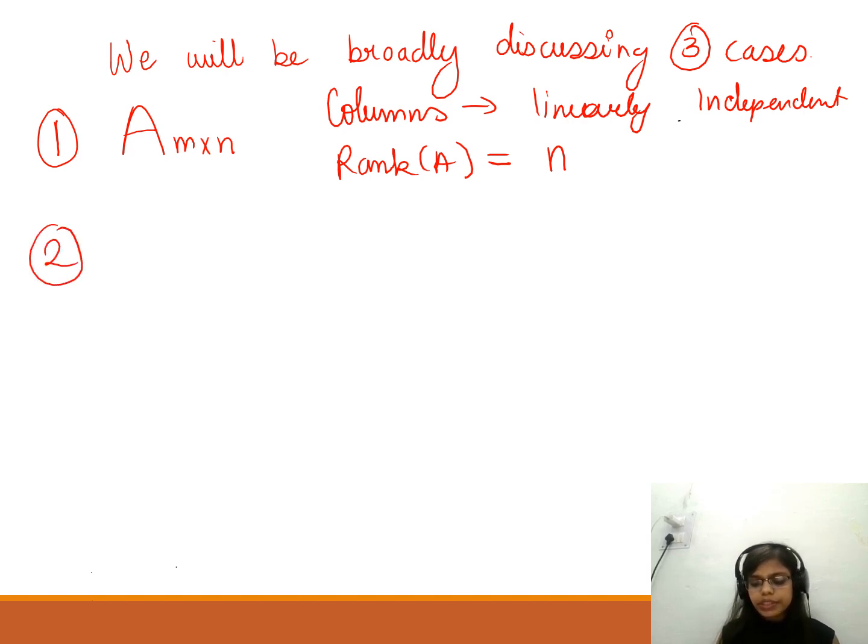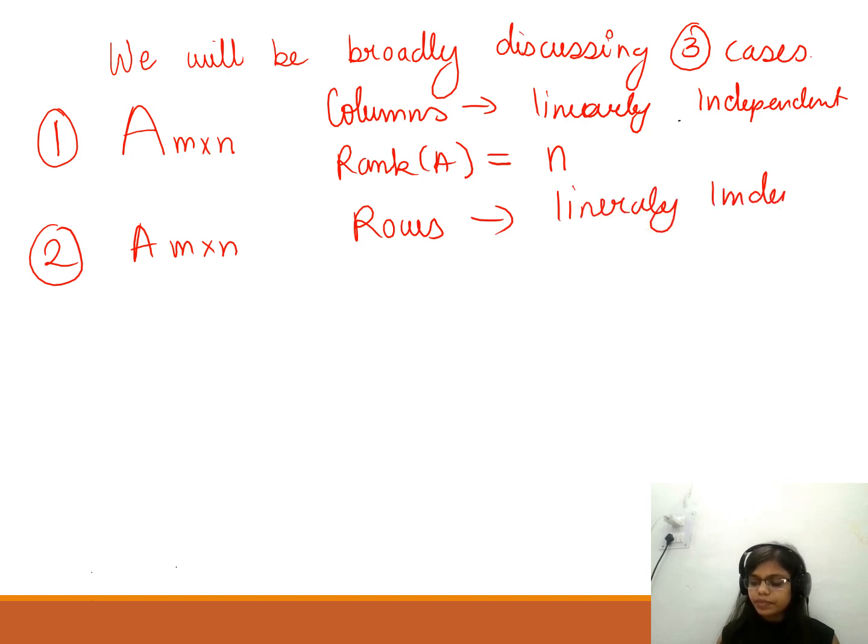Second case we are going to discuss is when A is an m cross n matrix and rows of A are linearly independent, and the rank of matrix A is equal to the number of rows of matrix A, that is, m.